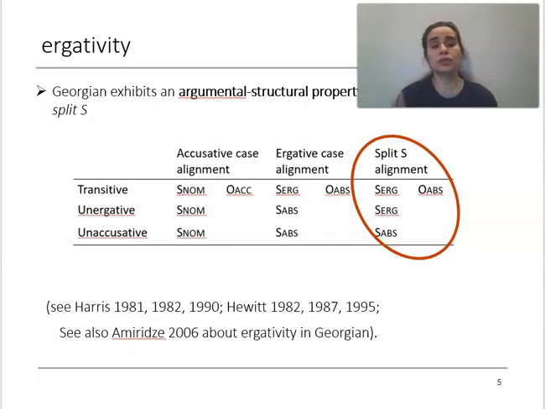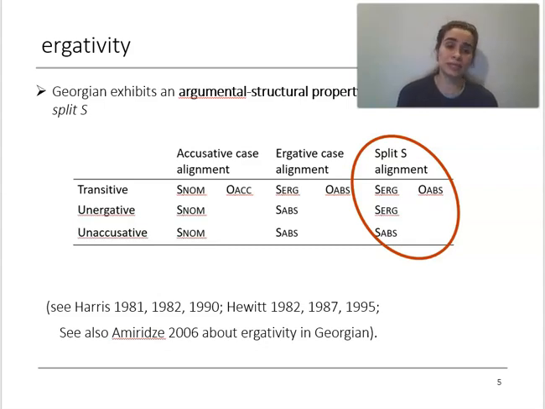Accusative case alignment shows that we have nominative for subjects in contrast to objects, and ergative case alignment shows that we have ergative for transitive subjects and absolutive for intransitive subjects and for transitive objects.